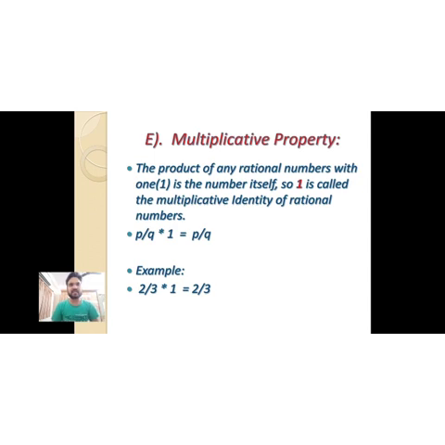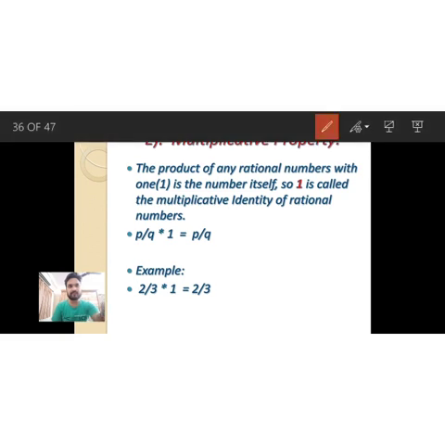Now the multiplicative identity property: the product of any rational number with 1 is the number itself, means the answer is the same number. So 1 is called the multiplicative identity of a rational number.